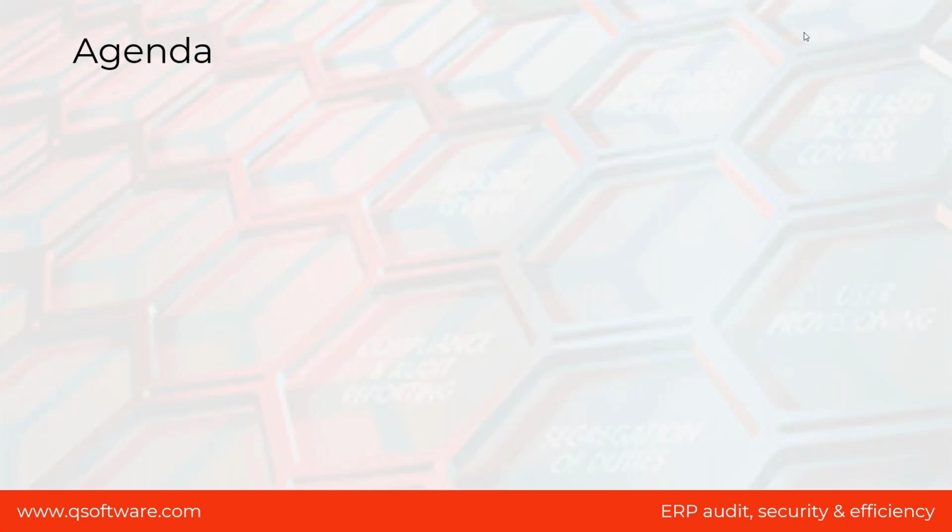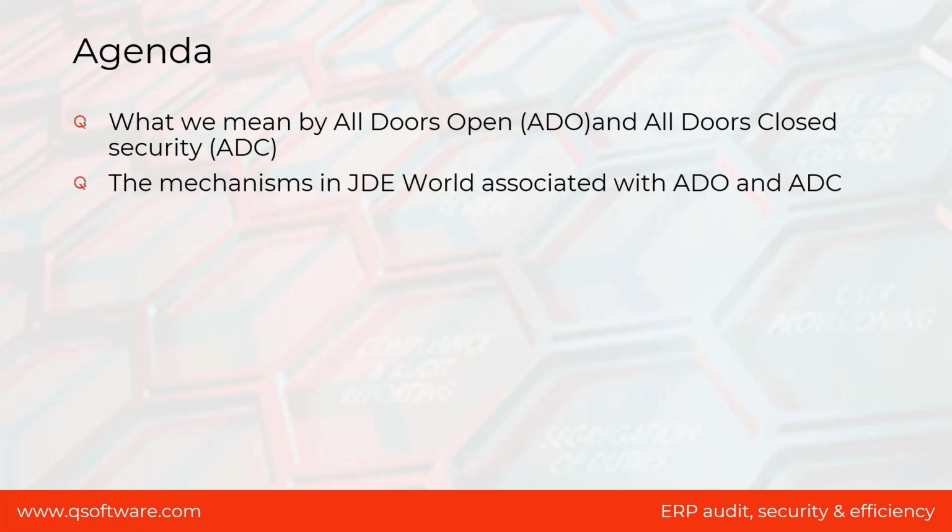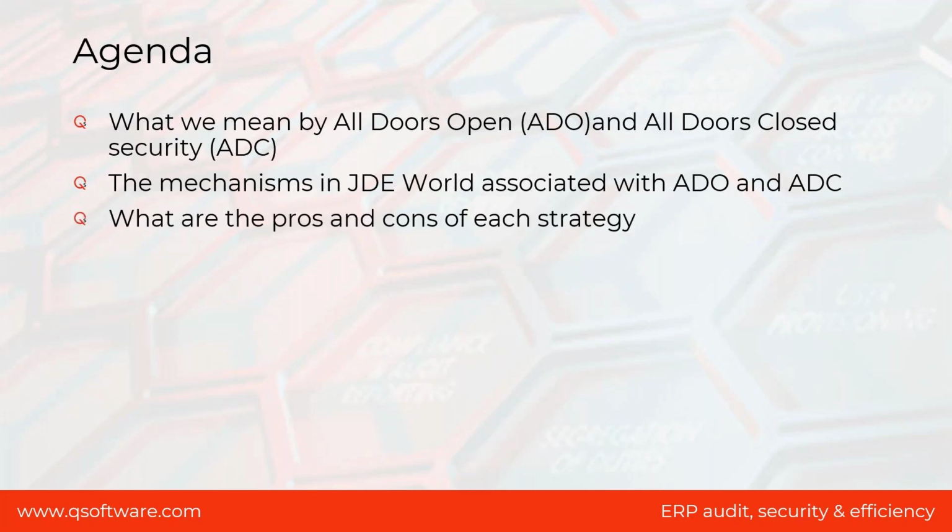So what's on the agenda for today? We're going to look at what we mean by the terms all doors open and all doors closed security, and the mechanisms associated with those, both from a high level, and then we'll get into the details around the opportunities and the challenges depending on what release of World you're in.